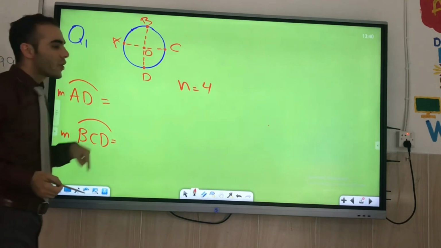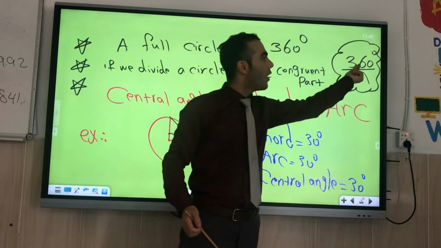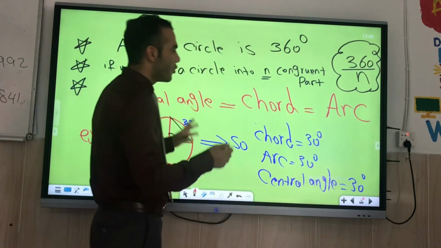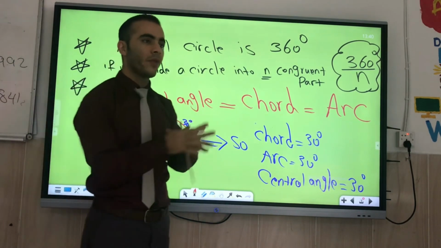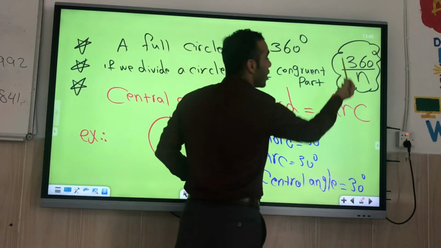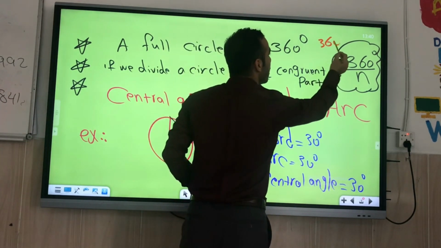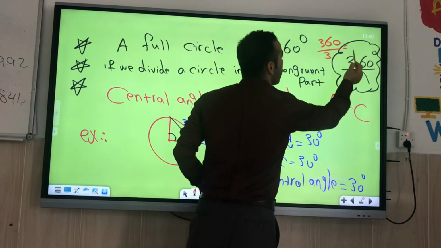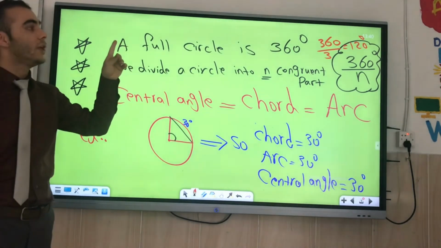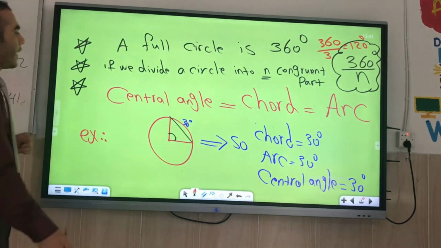So each central angle will be equal to 360 over n. Imagine that we will divide a circle into 3 congruent parts. In that case, each central angle's measure is going to be 360 divided by 3, which is 120 degrees. And that's what will actually be discussed a lot in chapter 5.